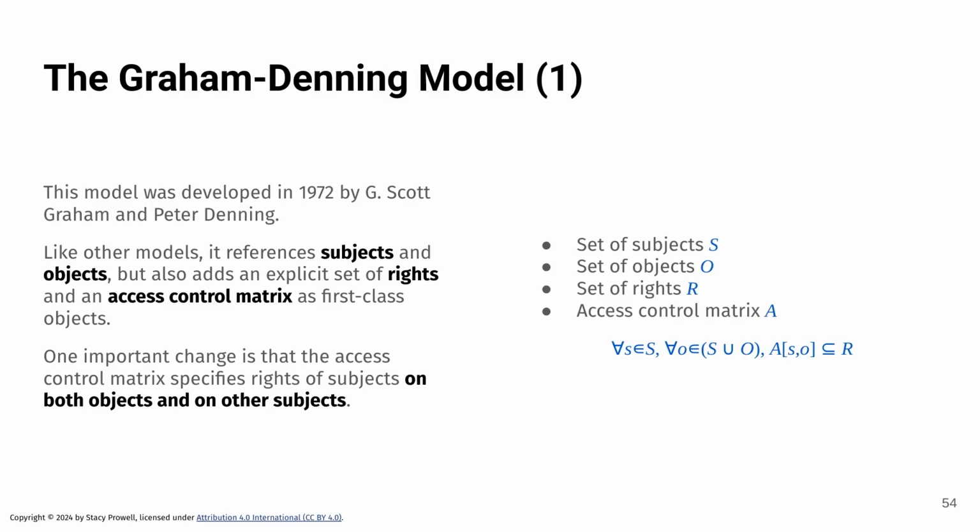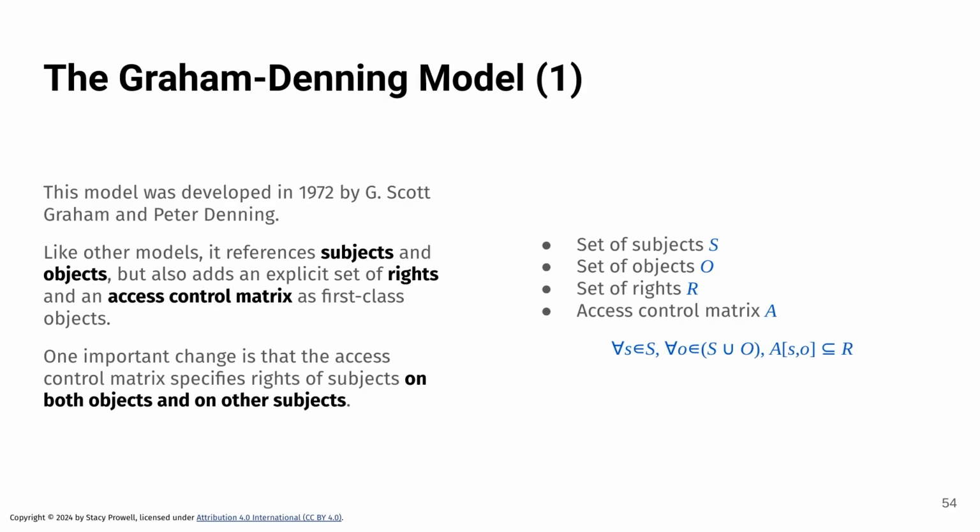The Graham-Denning model also adds an explicit set of rights. So previous models have said, yeah, there's write and there's read and there's read-write. Graham-Denning says there are rights. And I don't know what they are, but there are rights. And so you've got a set of rights. And you can think of them as tokens if you want.